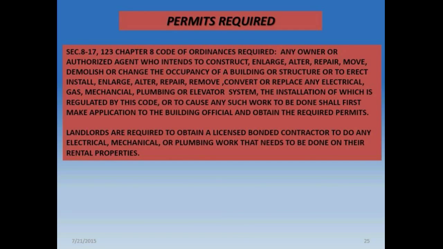Permits required by landlords. Chapter 8 of the Code of Ordinances requires any owner or authorized agent who intends to construct, enlarge, alter, repair, move, demolish, or change the occupancy of a building or structure, or to erect, install, enlarge, alter, repair, remove, convert, or replace any electrical, gas, mechanical, plumbing, or elevator system, the installation of which is regulated by this code, or to cause any such work to be done, to first make application to the building official and maintain the required permits.